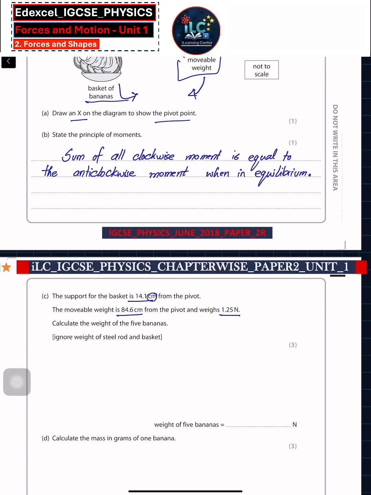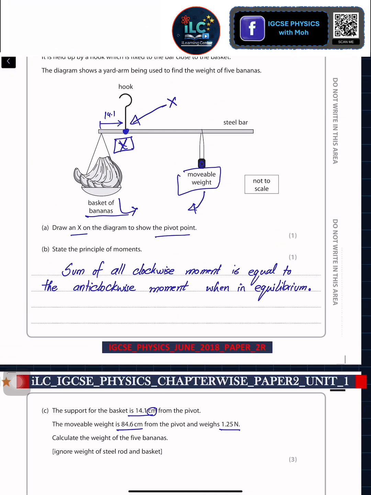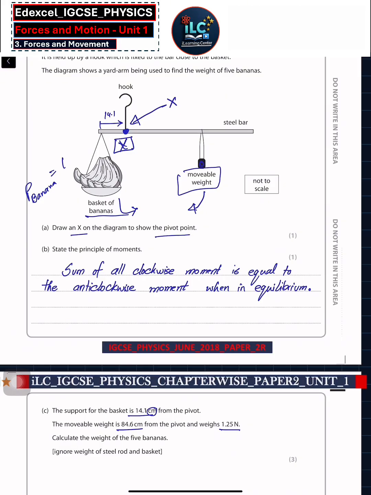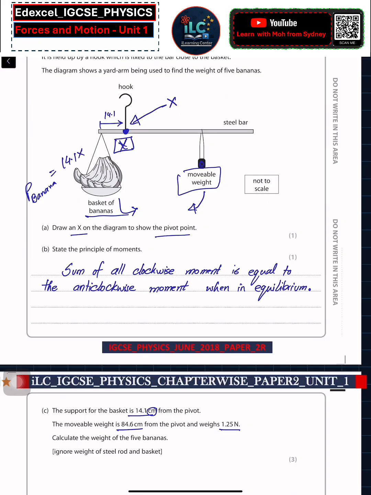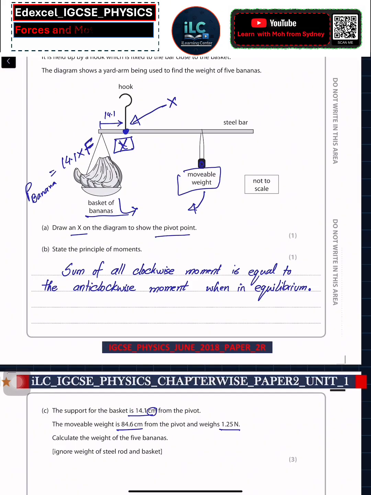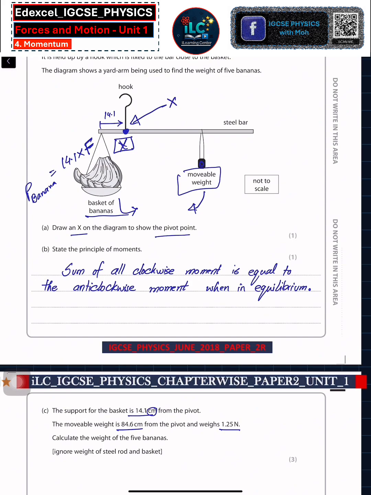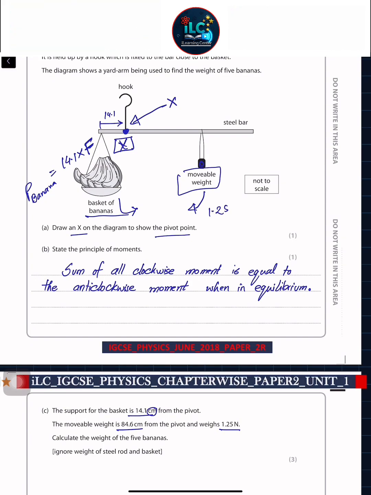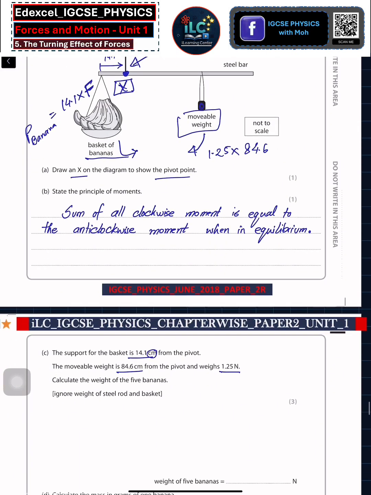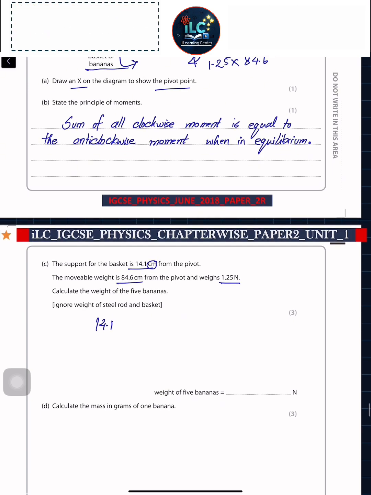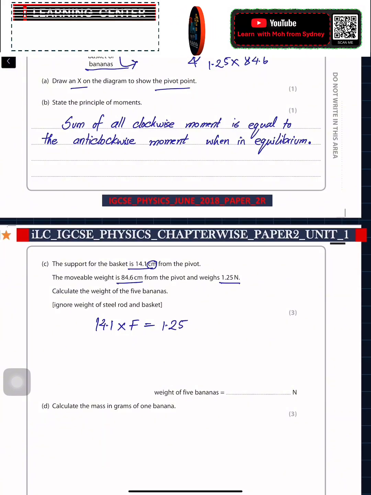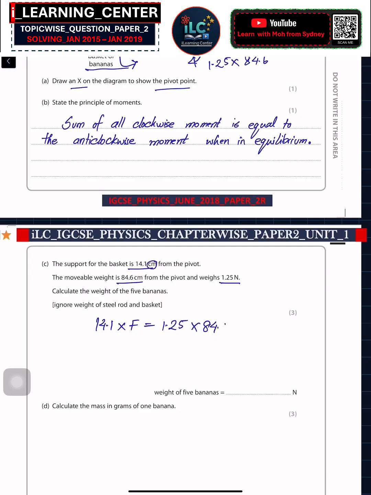So if we want to find this, the moment of the banana will be very easy, 14.1 times the force, and we don't know the force. So here we will just say the force or weight of the banana. For this one, we know it's 1.25 times 84.6. So I can say 14.1 times F is equal to 1.25 times 84.6.